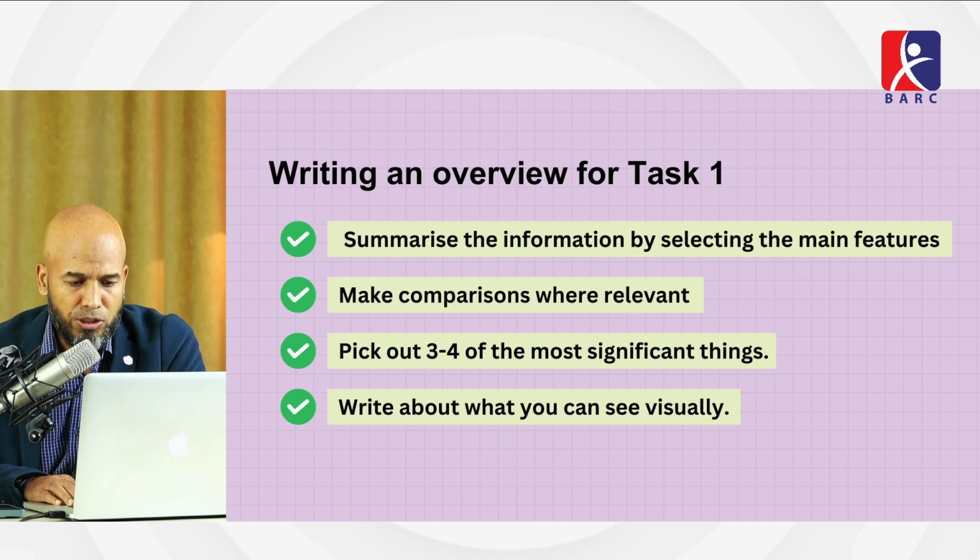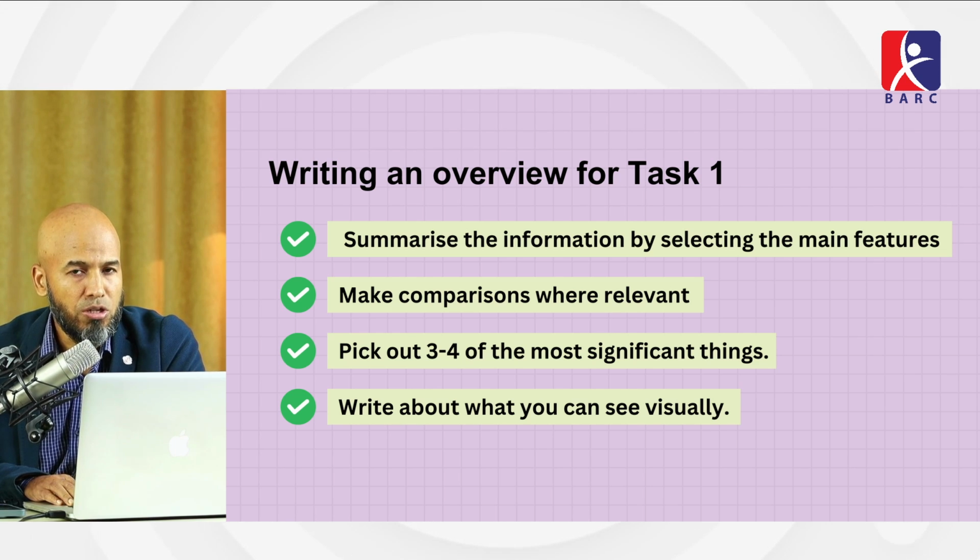You can do this in the overview paragraph by picking out 3-4 of the most significant things, or I should say, the trends you can see, and writing them in general terms. You also can do some comparisons. These are things that we just learned in the previous slide.